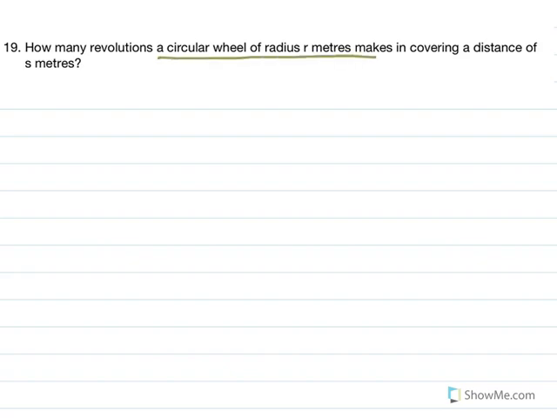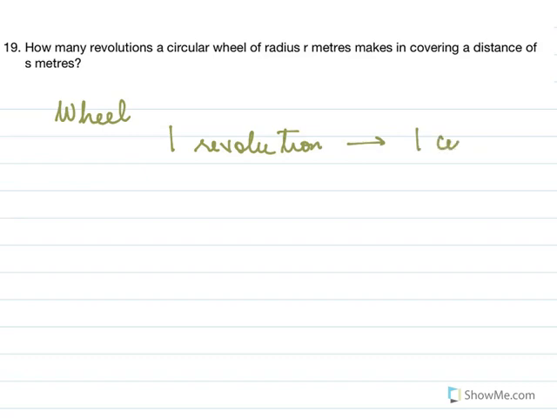How many revolutions does a circular wheel of radius r meter make in covering a distance of s meters? Now for a wheel, we know, for one revolution it covers one circumference. The distance covered is one circumference.